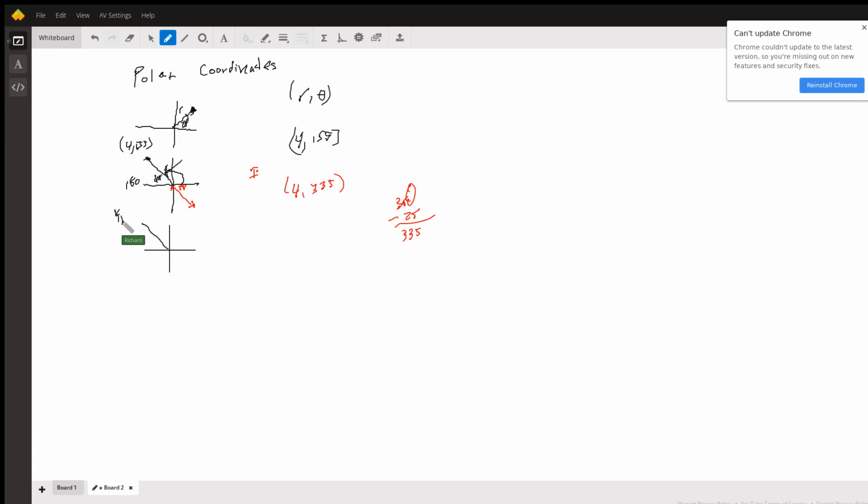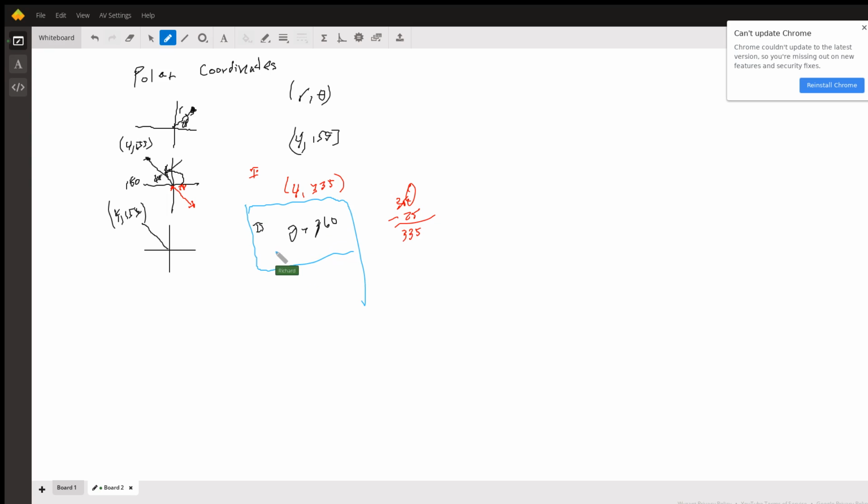So 4, 155 is where it was before, but now we want our theta to be bigger than 360. So that's part 2 of the problem. And I should have used another color for that one, but I think you get the gist of it. So we'll use blue here for part 2.